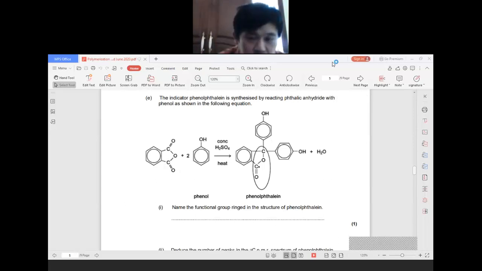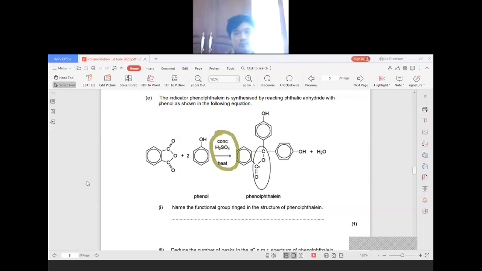So there is phthalic anhydride and phenol with concentrated sulfuric acid. If there is this kind of reaction, what reaction is it?